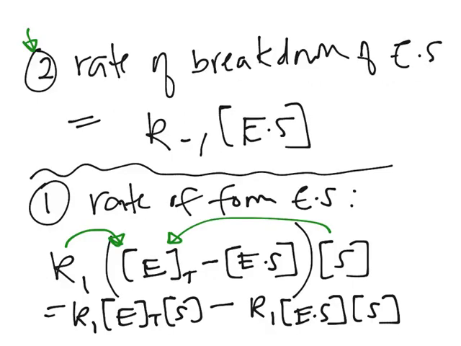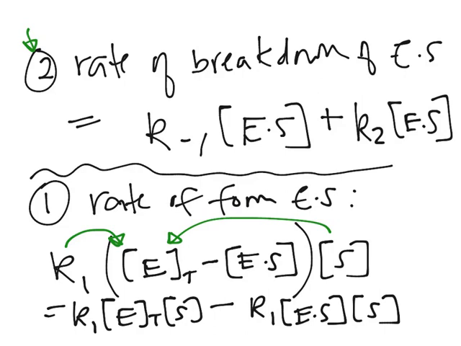So here, this would be K minus 1 times the concentration of enzyme substrate complex plus K2 times the concentration of enzyme substrate complex. So that's breaking it down in the forward direction to the formation and release of product. Sorry about that.